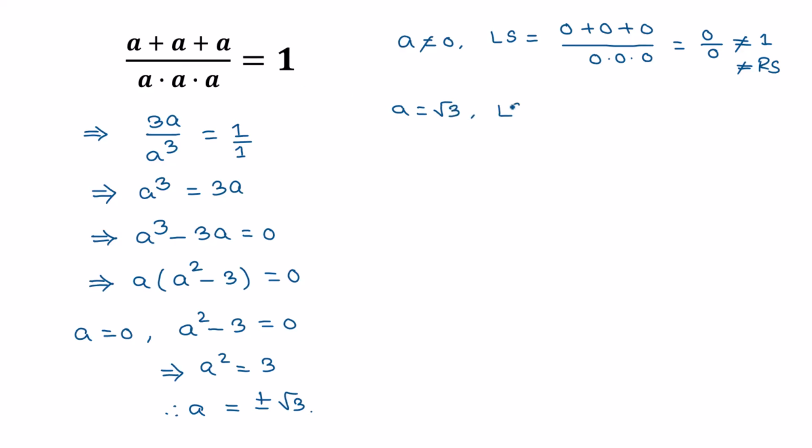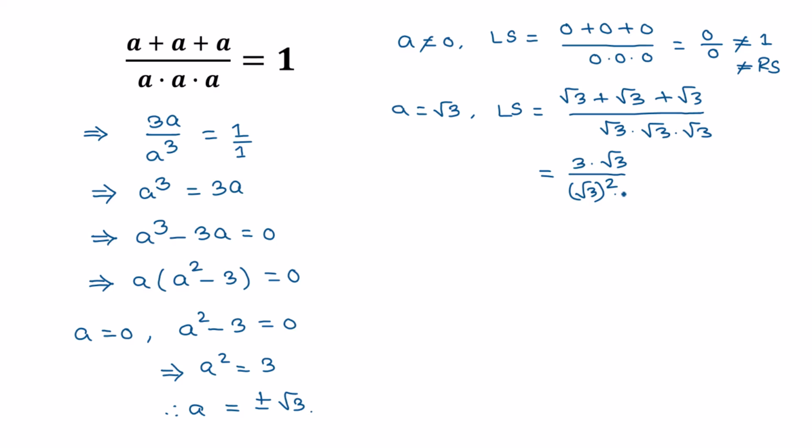Then the left side will be square root of 3 plus square root of 3 plus square root of 3, over square root of 3 times square root of 3 times square root of 3, which is equal to 3 times square root of 3 over square root of 3 whole square times another square root of 3. The square cancels and it will be 3, and the square root of 3 cancels, and it will remain 1, which is the same as the right side. So one solution is a is equal to square root of 3.